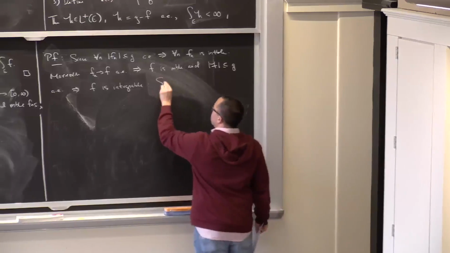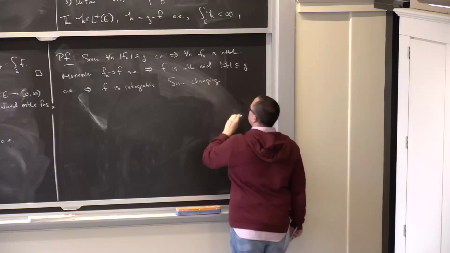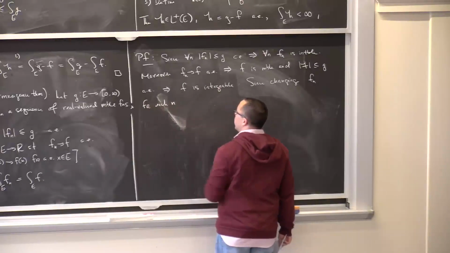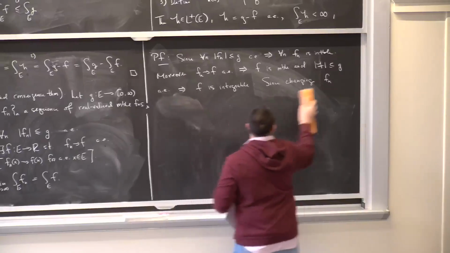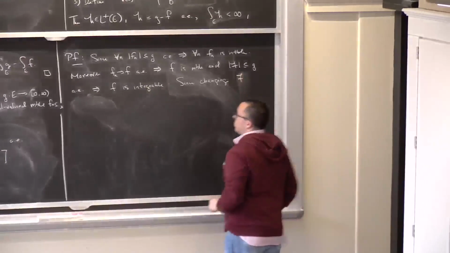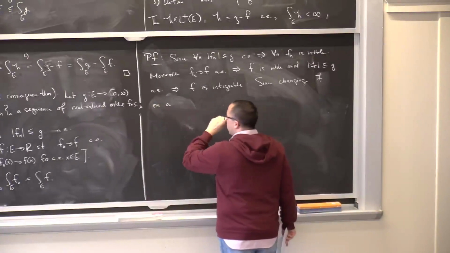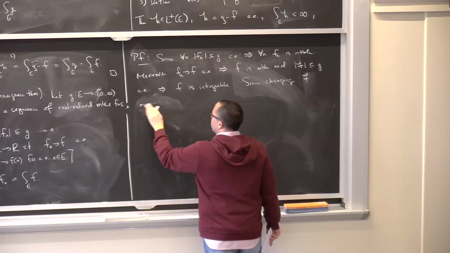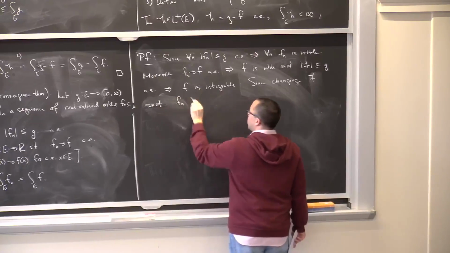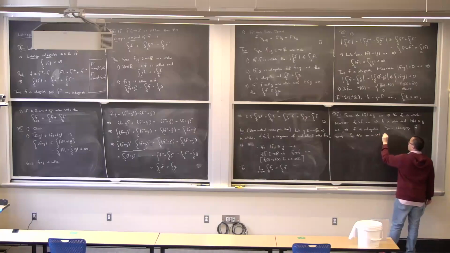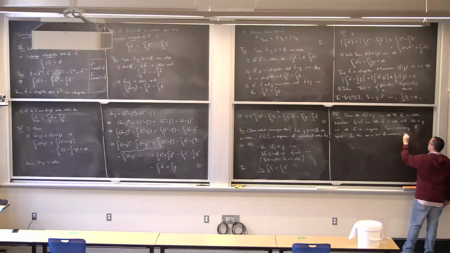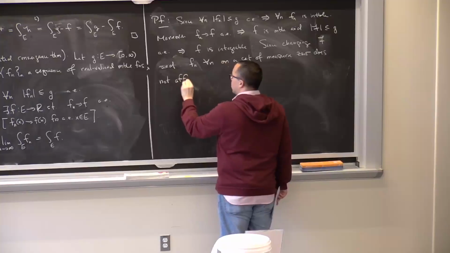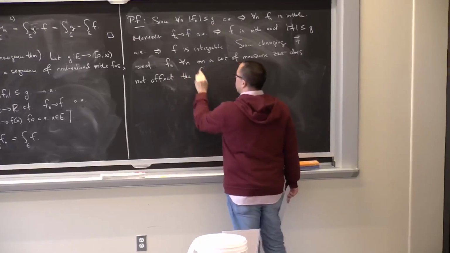So, since changing F and Fn for all n on a set of measure 0 does not affect the integrals, right?